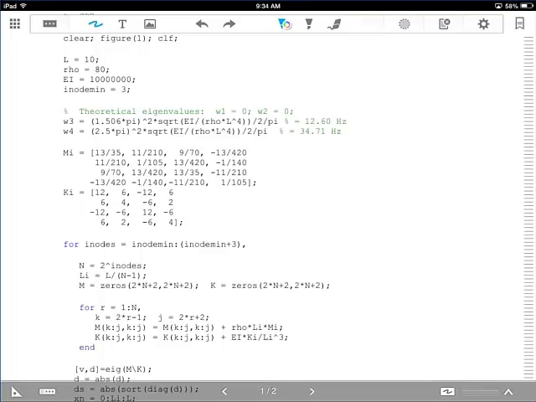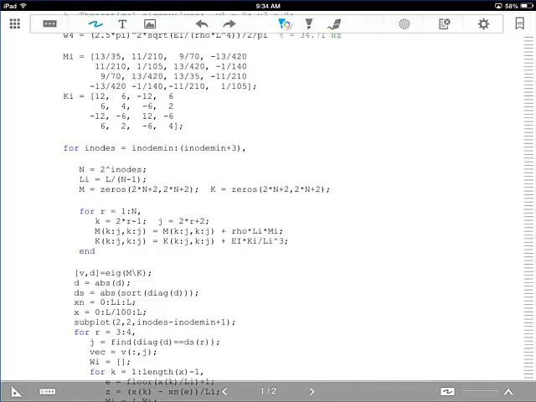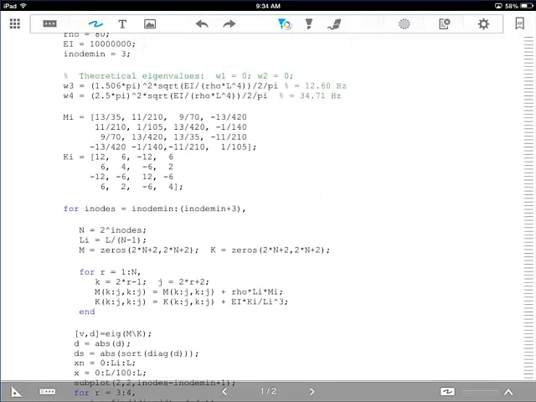You remember our element matrices, Mi and Ki, that we derived in the notes? We're looking at changing the number of nodes. We're starting out with a minimum value of 3 elements, I'm sorry. In that case, you're going to have 1, 2, 3, 4, 5, 6, 7, 8 degrees of freedom, because each node has 2.